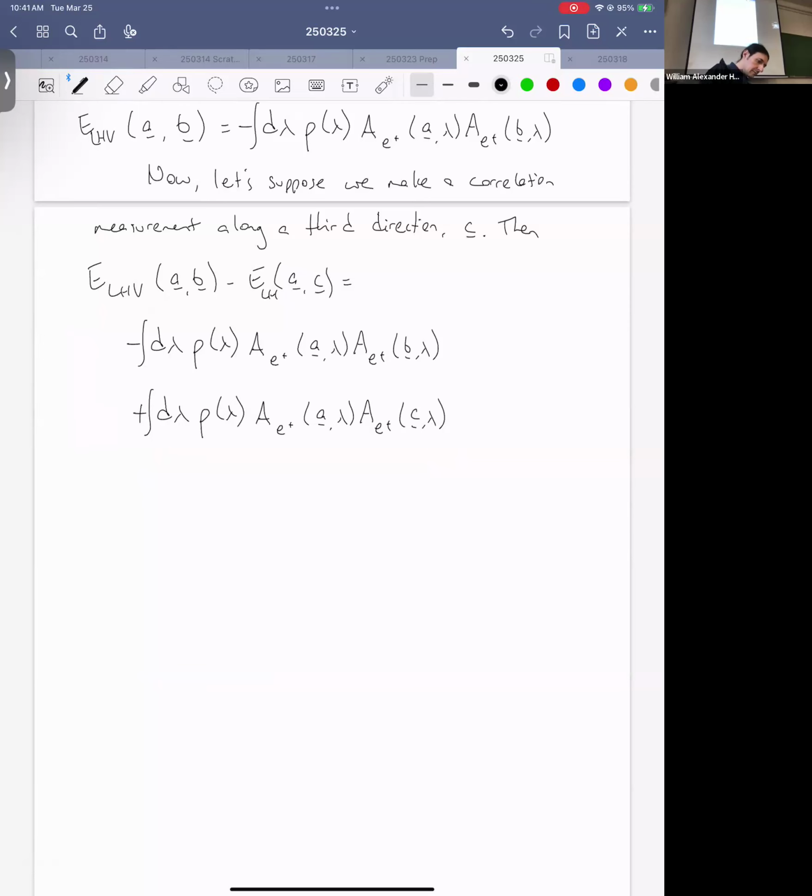Now, since the result of any measurement is plus or minus 1, if we square this object, we always get plus 1.